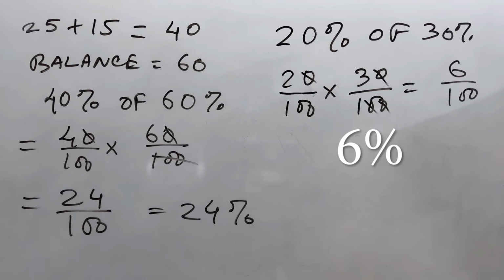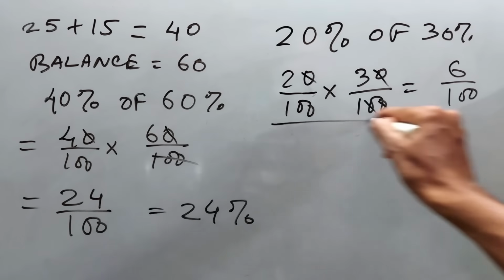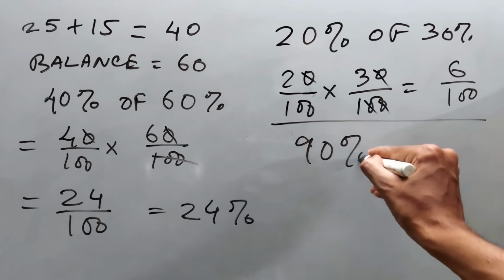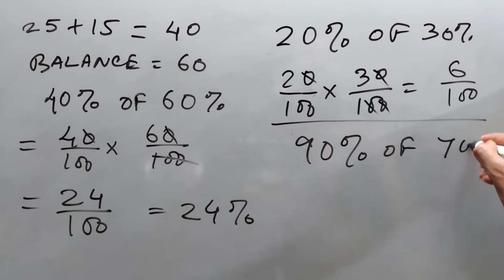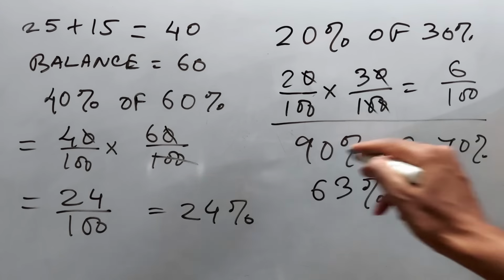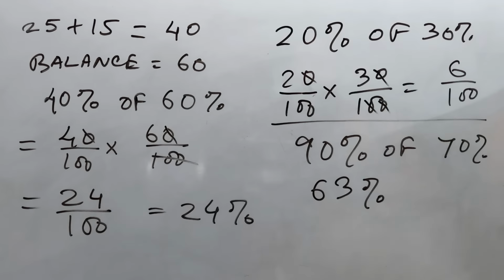Easy. 6%. You can take example of anything. Something like 90% of 70%. Same way, same thing will work. 7 into 9, the easiest part is 63%, because these two zeros are getting removed by 100, right?